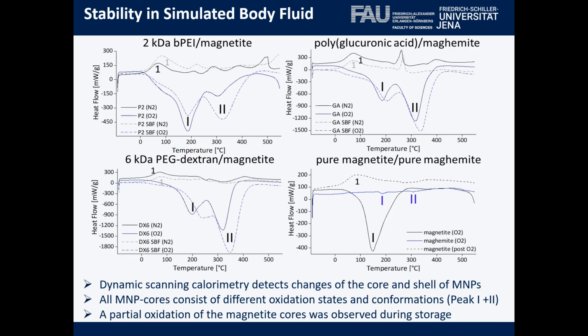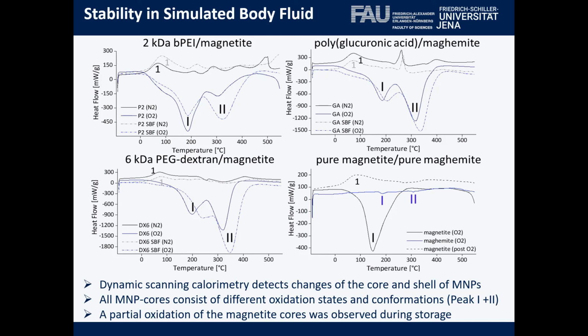We also saw that peak number 2 became more prominent during the storage for the magnetite cores. So this means the branched PEI coated nanoparticles and the PEG-dextran coated nanoparticles. In contrast, we didn't see this effect for the polyglucuronic acid coated maghemite nanoparticles.